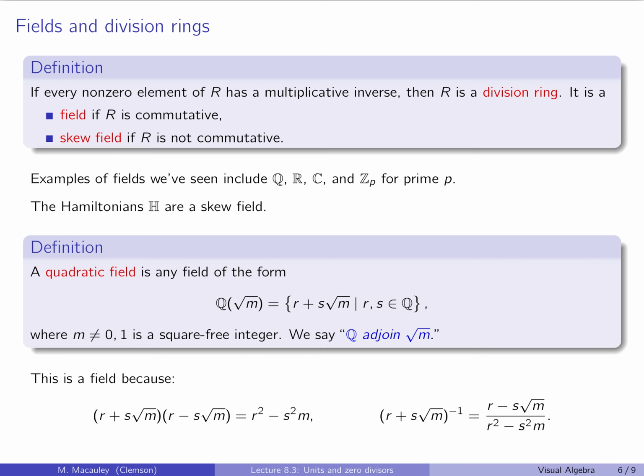From here, we can see that the multiplicative inverse of r plus s root m is just this conjugate. Well, it's almost the conjugate. If you multiply those together, you get this integer, so you have to divide by this integer. So it's r minus s root m divided by r squared minus s squared m. And you can check that this denominator is non-zero given the assumptions up here.